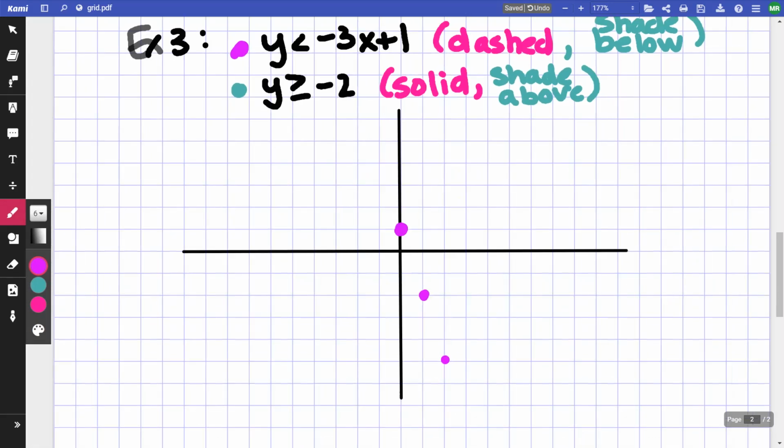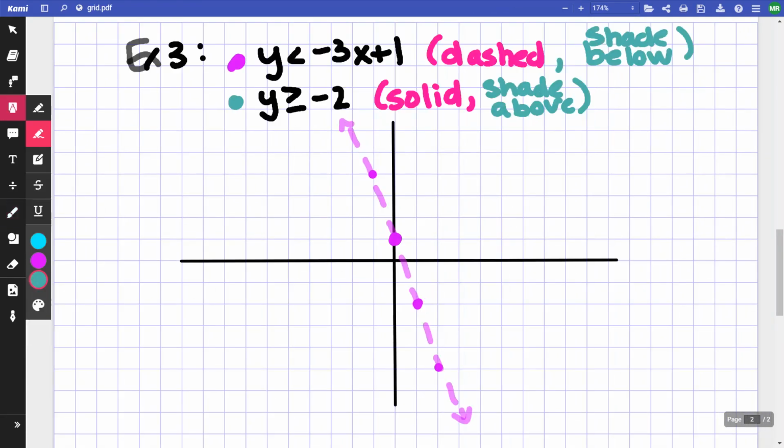And let me just go up 1, 2, 3 backwards 1. And this is a dashed line. So I'm going to draw a dashed line here. And for this one, we're going to shade below. So when I shade this, I'm going to be shading, oops, let me get my purple. I'm going to be shading below. This is going to be below.